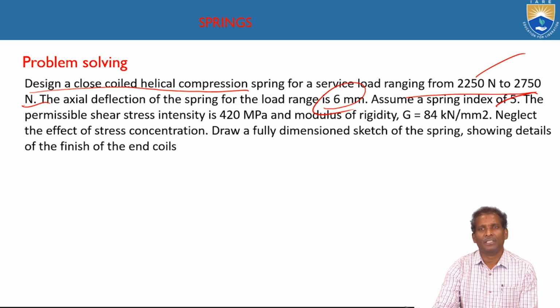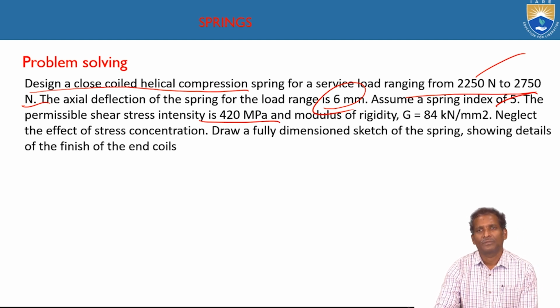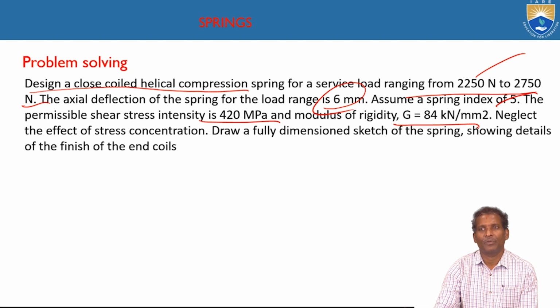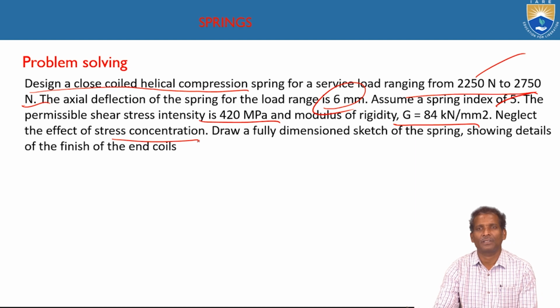The permissible shear stress intensity is 420 megapascal, and the modulus of rigidity is also given, 84 kilonewton per mm squared. Neglect the effect of stress concentration. Here don't take the effect of stress concentration.